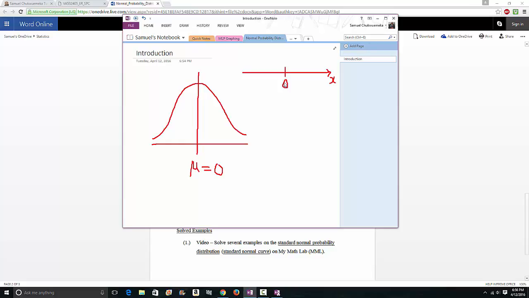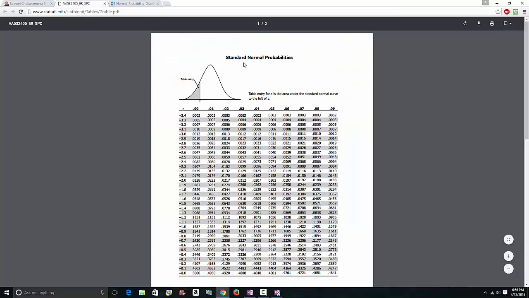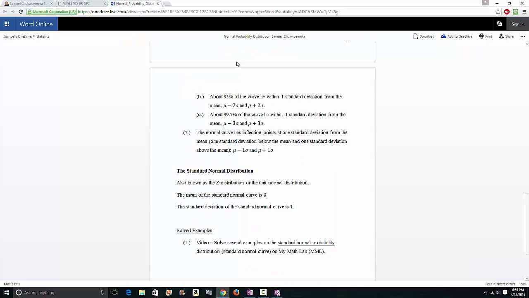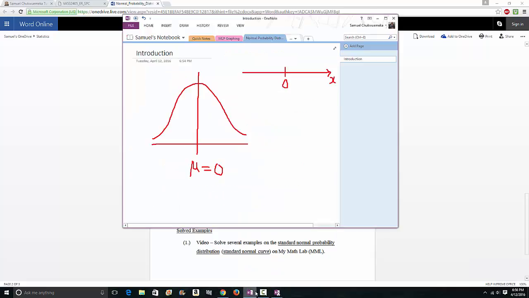To the right of 0 are the positive numbers. So the same thing goes with the normal distribution. It's a bell-shaped curve. For the standard normal distribution, the mean is 0, because the table we are using is the standard normal distribution. So the mean is 0.